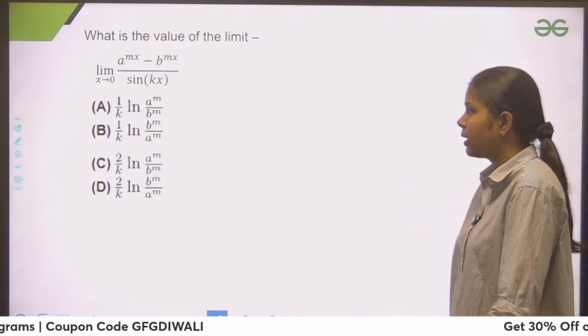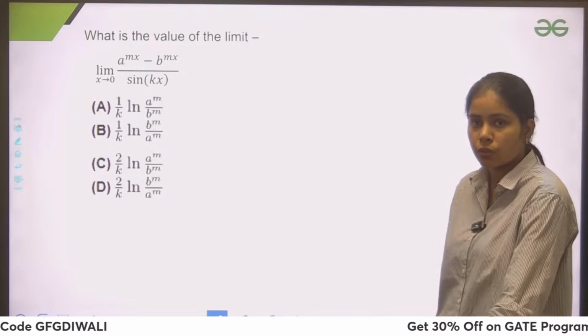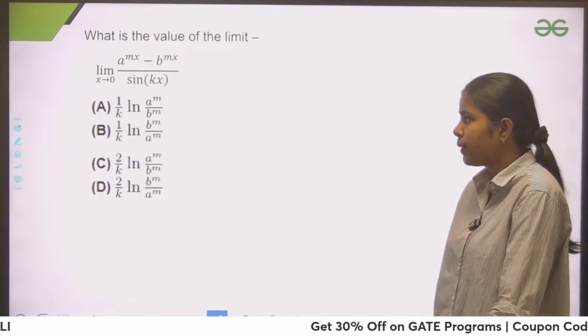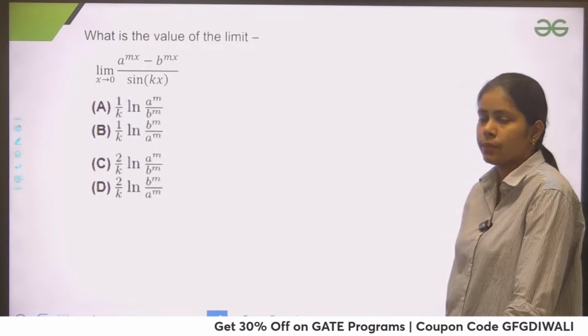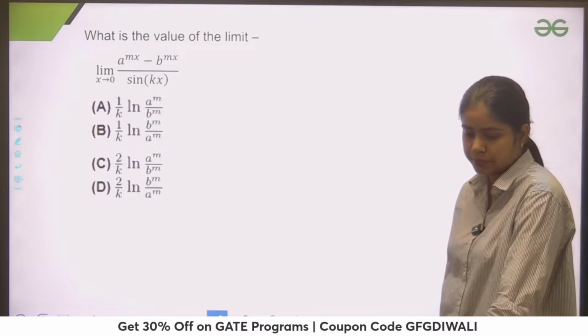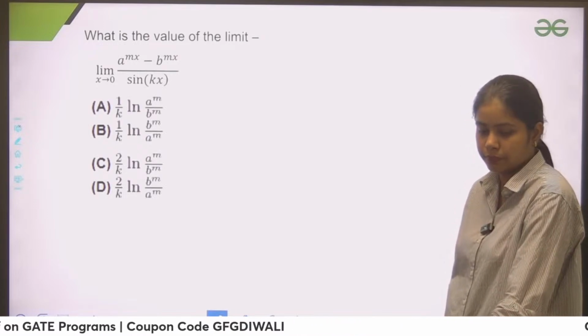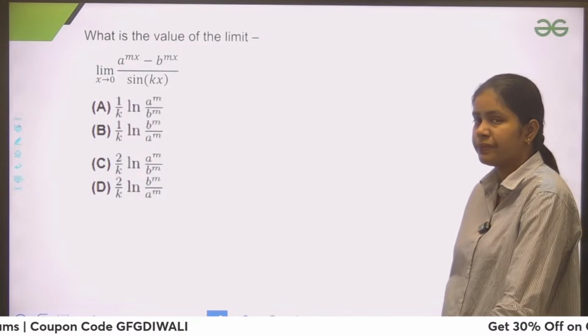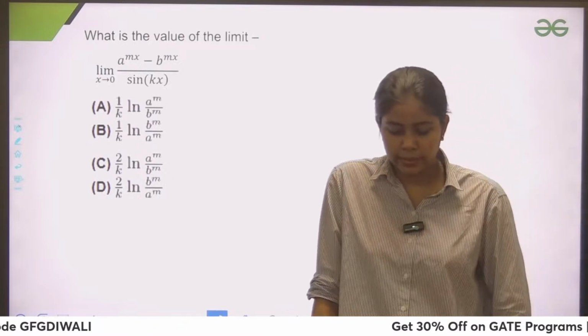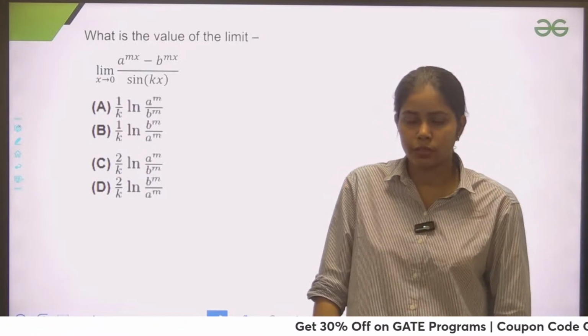Right? So the question here is limit x approaches to 0, a to the power mx minus b to the power mx upon sine kx. What is the value of this limit? Let me know, guys, quickly. I hope you can solve this question.